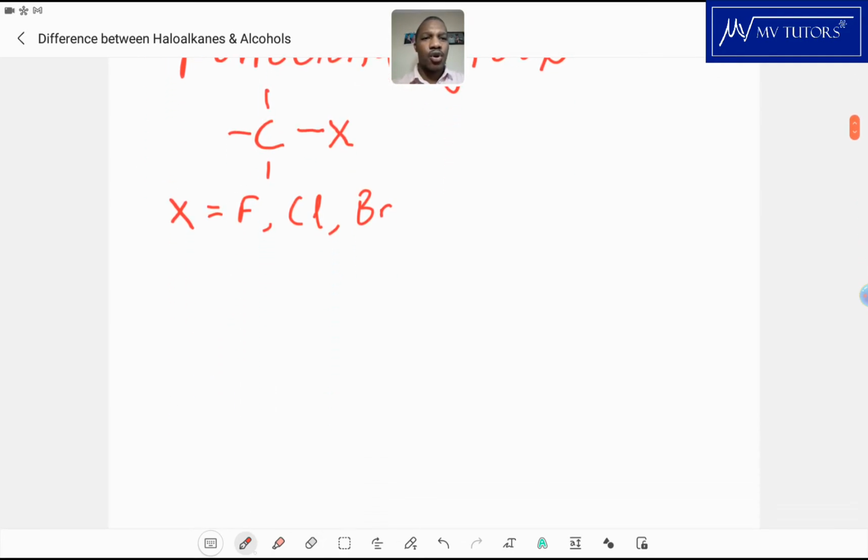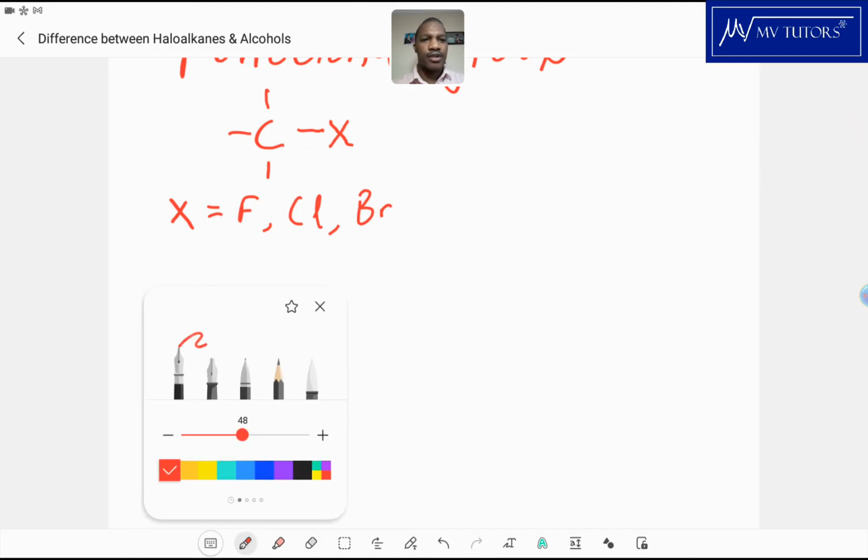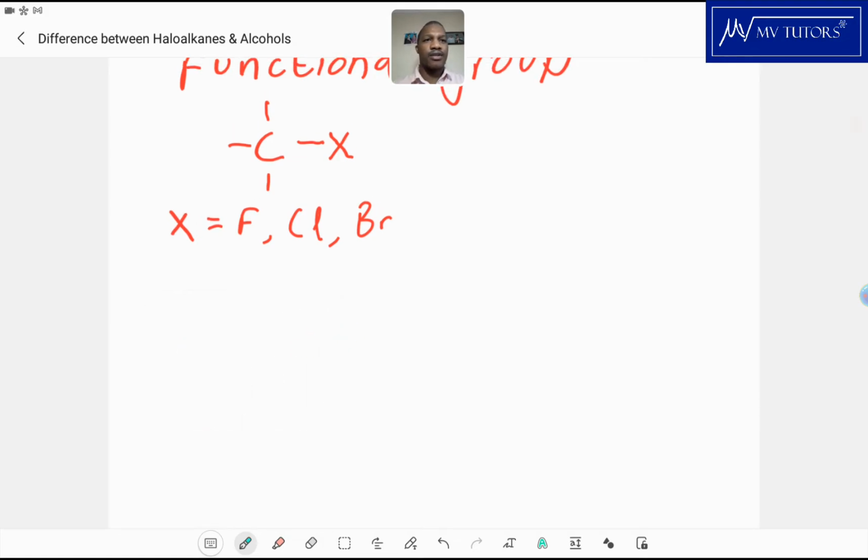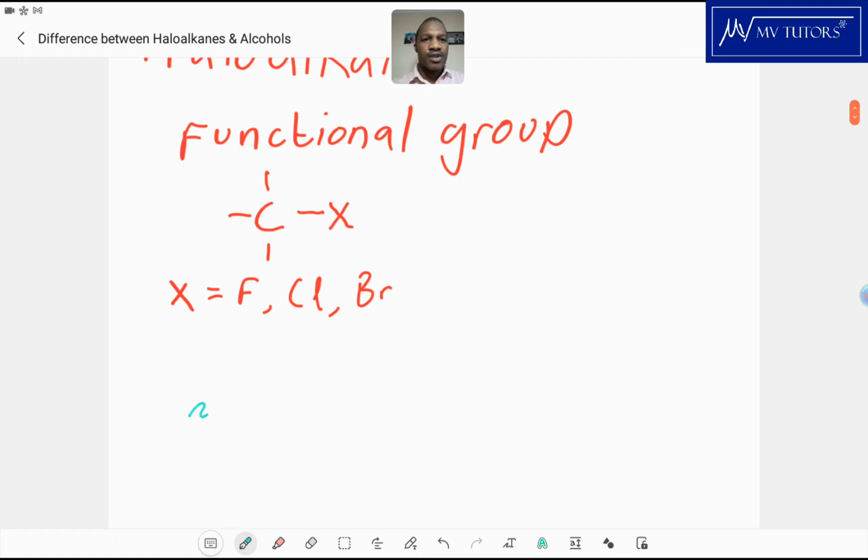But let's just go ahead and see what the structural formula would look like. Let's take an example. So say now we have 1, 2, 3, okay, and then we'll put the bromide there.